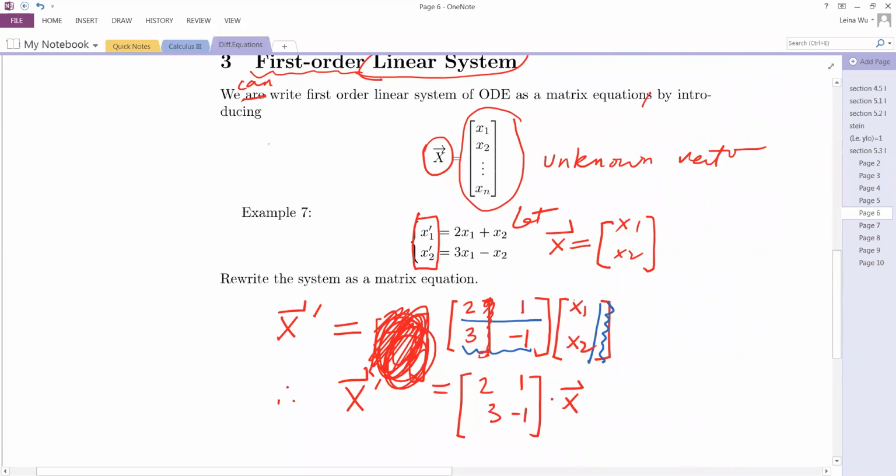So you have 3x1 minus 1x2, which is the same as what you see in the system. So the easy way will just be take out all the coefficients and write it in a matrix and then multiply it by your vector x containing the unknowns.